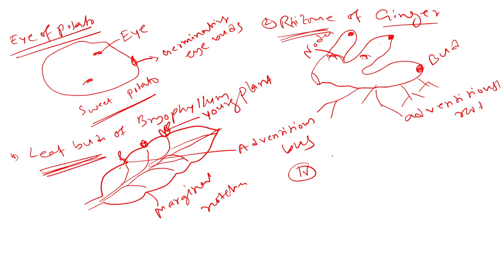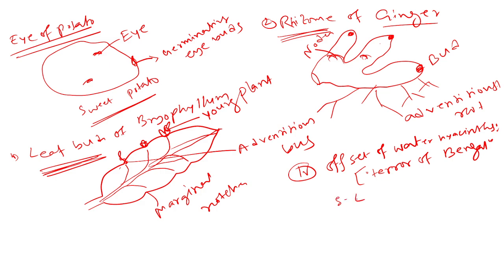Number four is the offset of water hyacinth, whose other name is Terror of Bengal. This plant is known as Terror of Bengal.